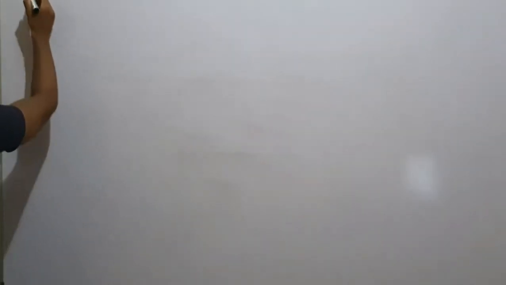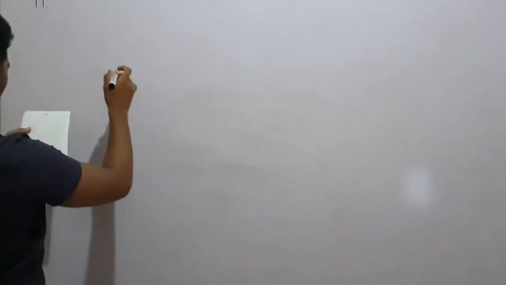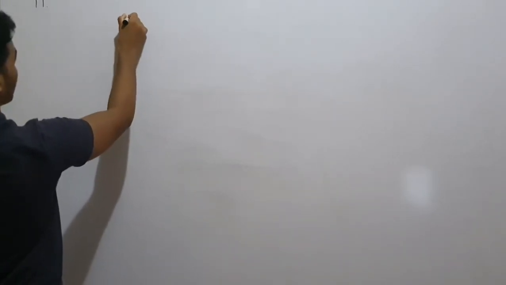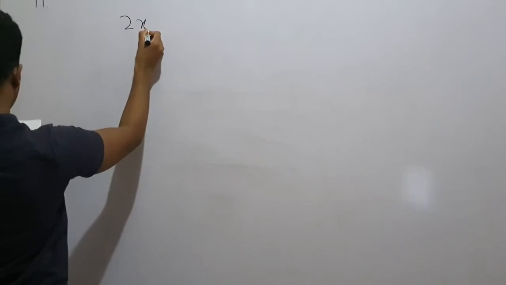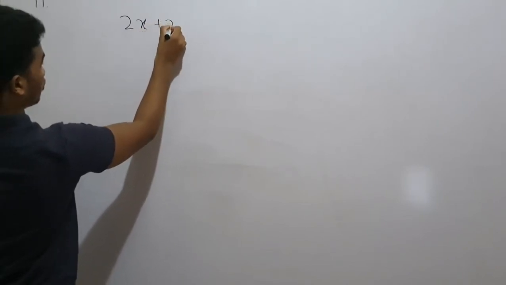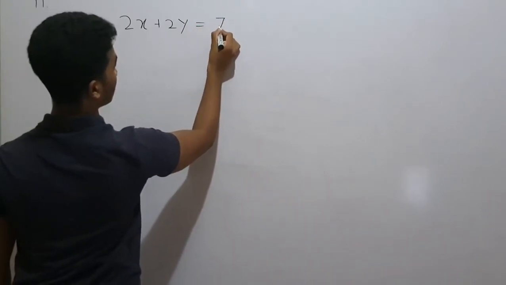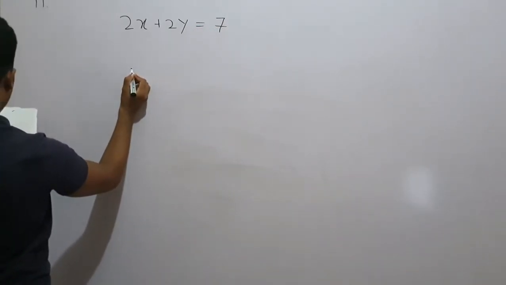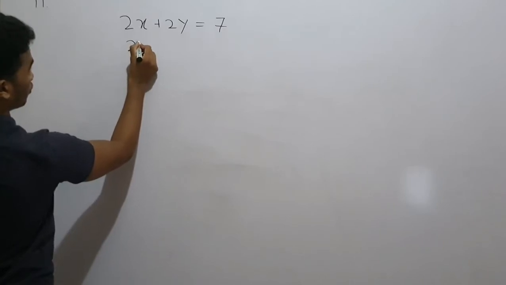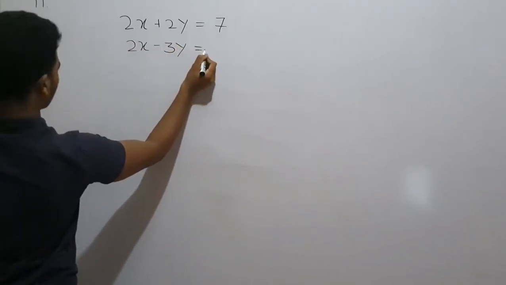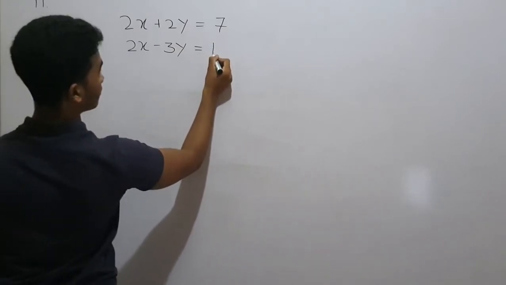Eleventh question. Solve the simultaneous equations. Show your working. So the two simultaneous equations are 5x plus 2y equals 7 and 2x minus 3y equals 18.